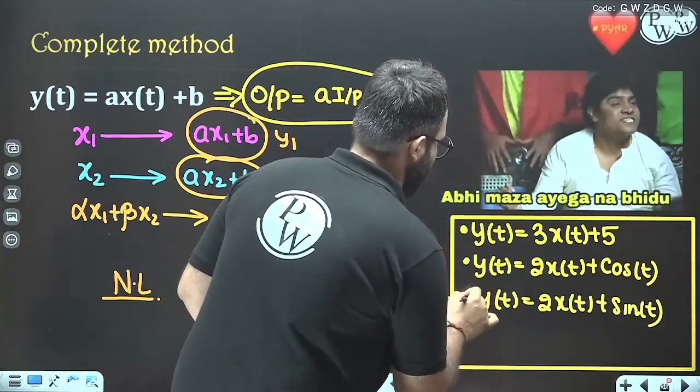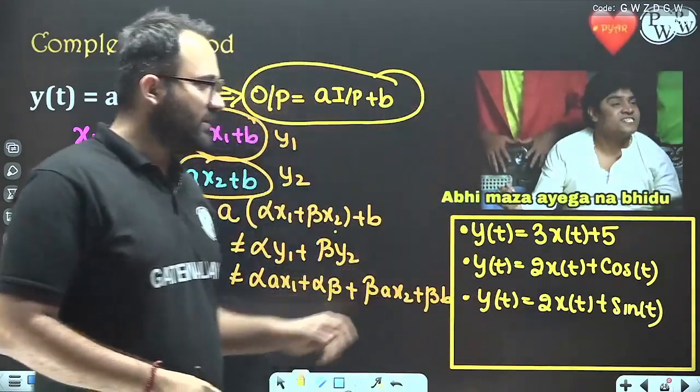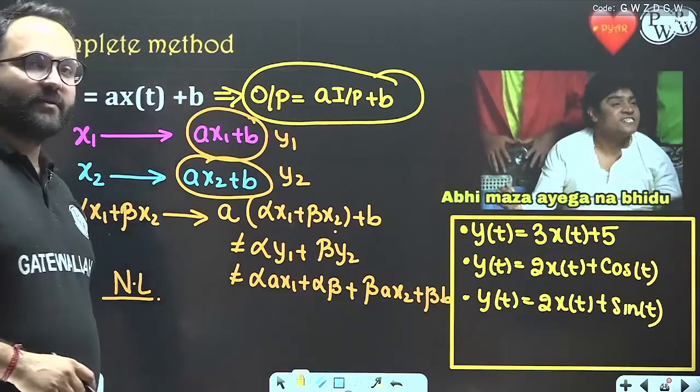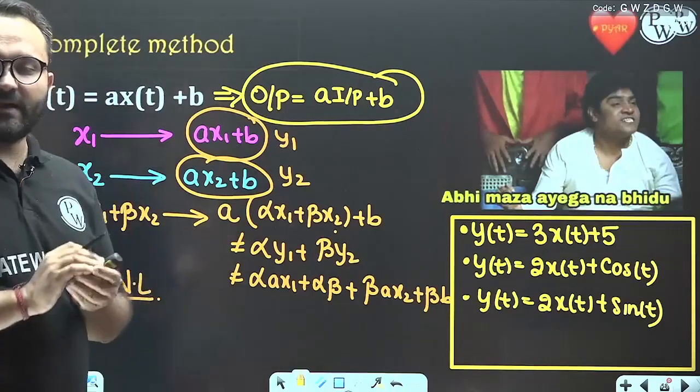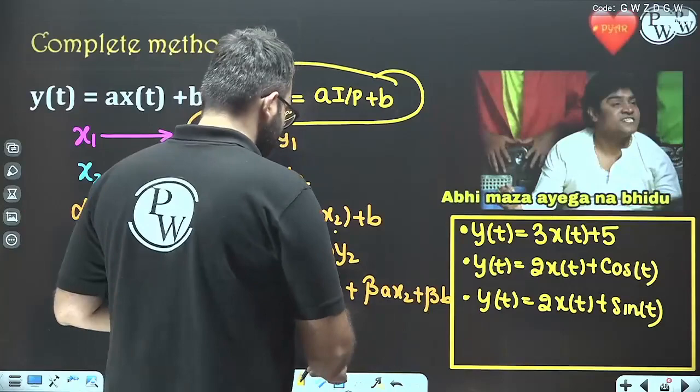These all are non-linear. But if we multiply anything with x(t), this will remain linear.